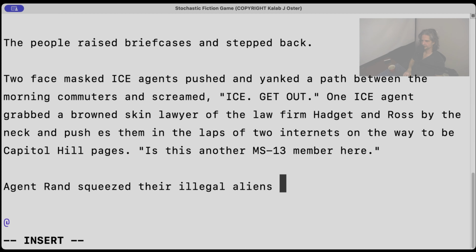Agent Rand squeezed their illegal alien's throat.